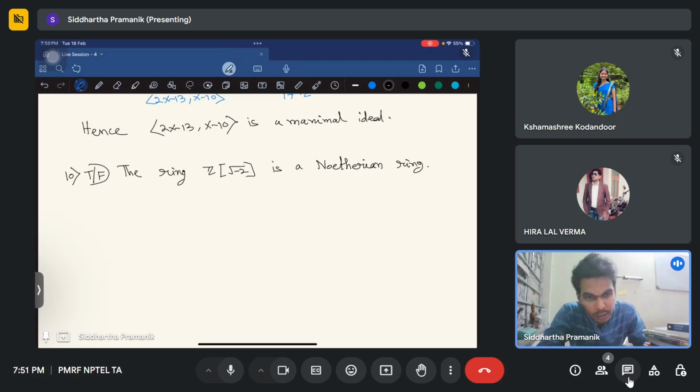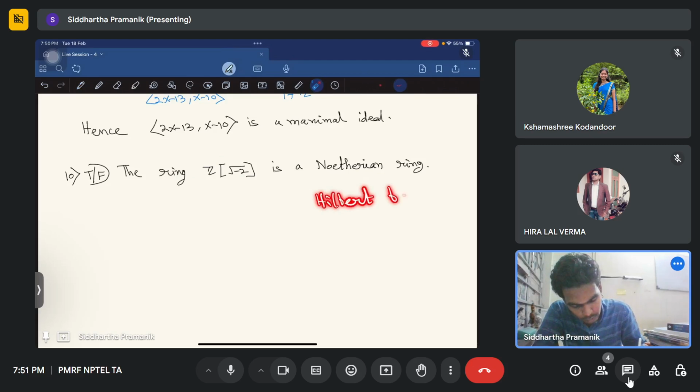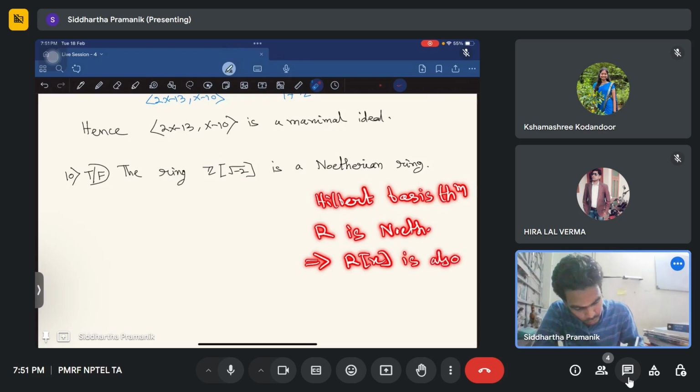So we saw the Hilbert basis theorem, right? The Hilbert basis theorem says if R is Noetherian, then the polynomial ring R[x] is also Noetherian. That is one thing we saw.